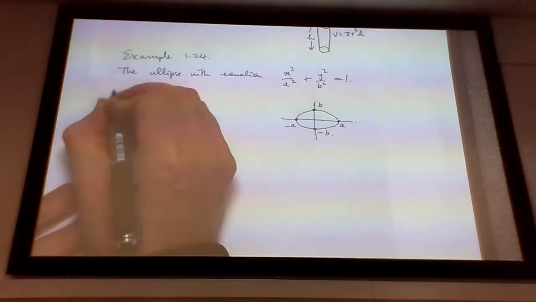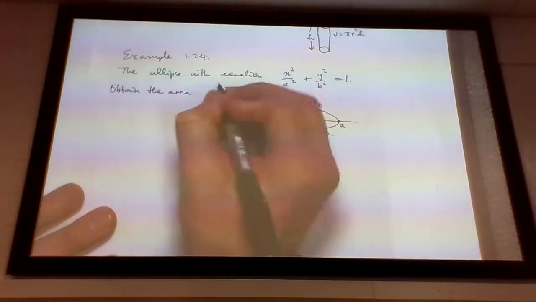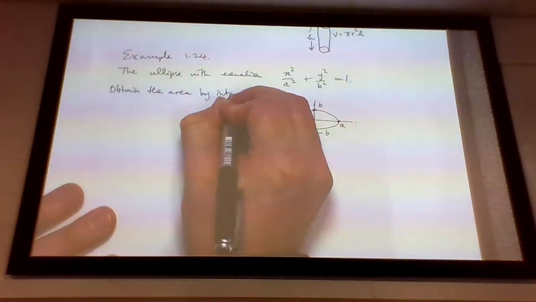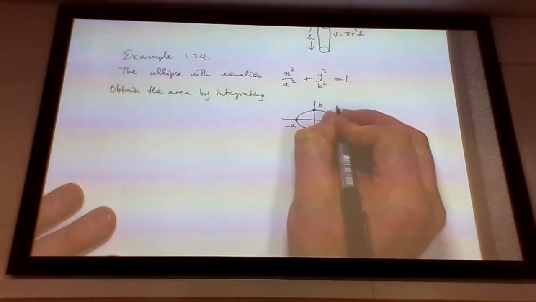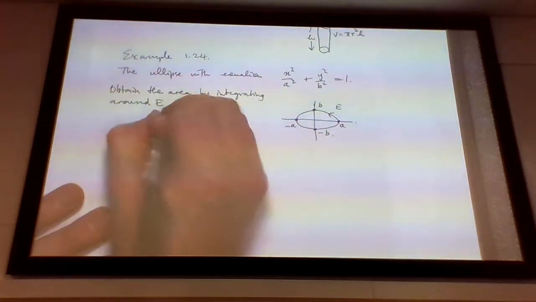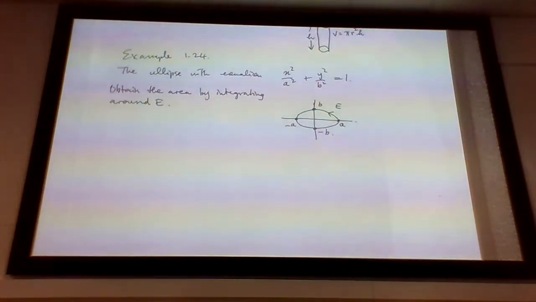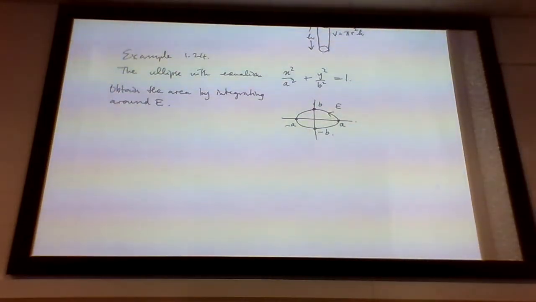So we can obtain the area by integrating around E. The area enclosed by this ellipse, we can calculate that by integrating around its boundary.